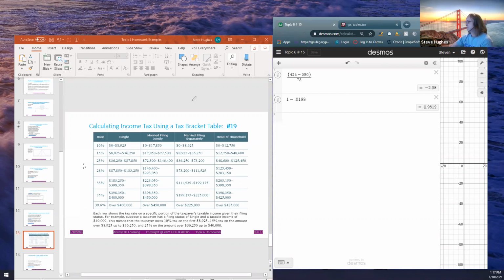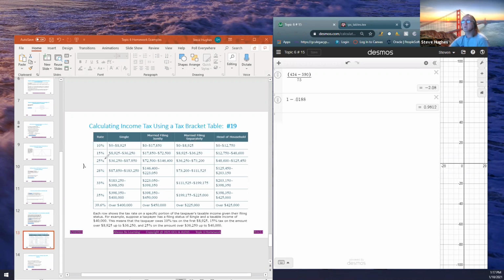Notice the first categories: single, married filing jointly, married filing separately, or head of household. Each of these columns shows you the category that the person falls into as far as household goes. Secondly, I look down the rows, and it tells me what percentage and what interval I'm working with.